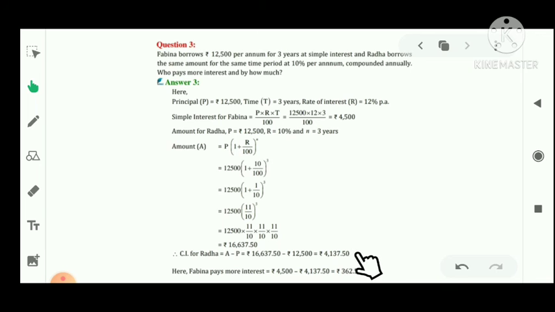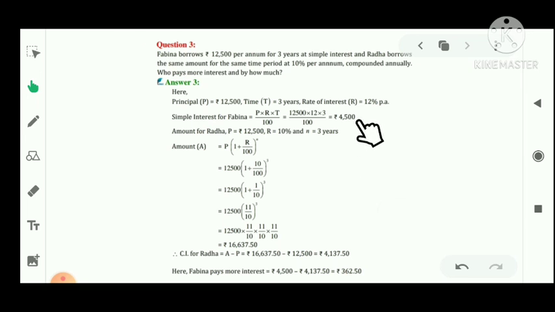Now CI for Radha is amount minus principal. That means 16,637.50 minus 12,500, and when we subtract it, its value is 4,137.50.